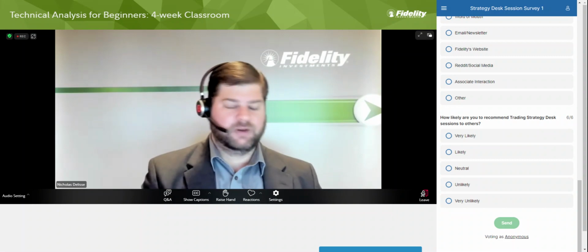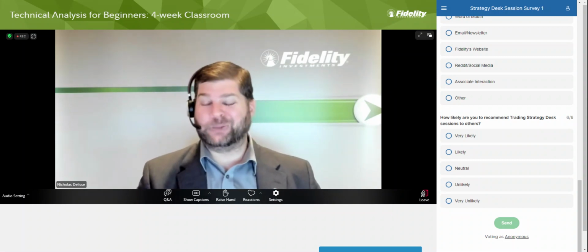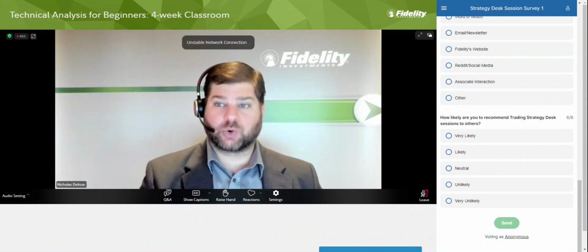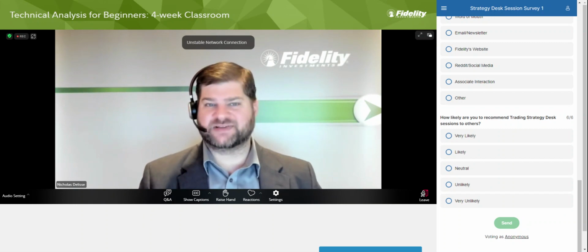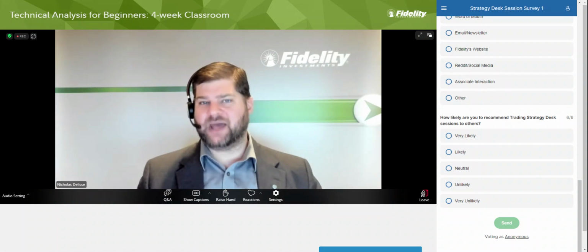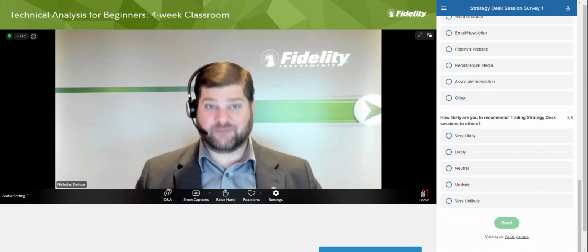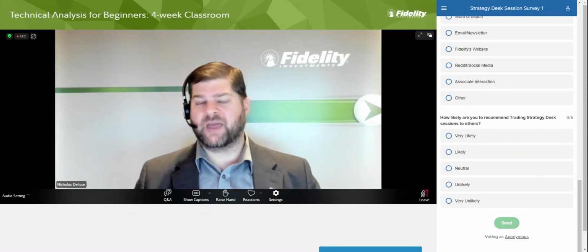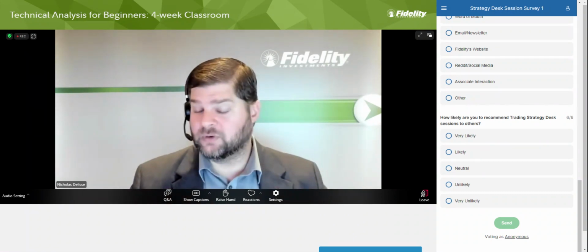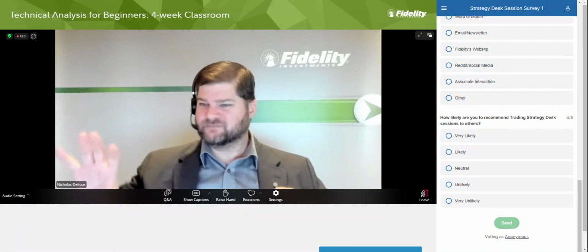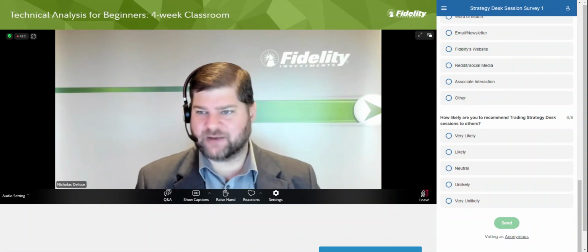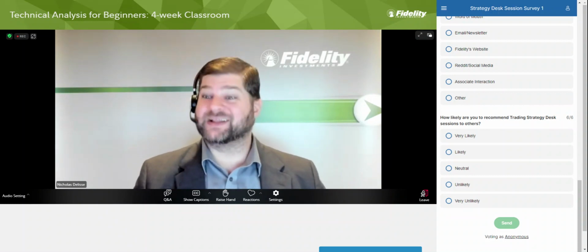If things switch and they no longer want to be long, they might exit their trade. Or if they want to be short the broader market based on their trend analysis, they might look for an inverse. So as opposed to trying to do technical analysis on the chart of a leveraged product, they might perform that analysis directly on the index it's trying to leverage. That way it takes out some of that other wiggle that happens based on the leverage, the reset and such. It makes things a little bit cleaner.